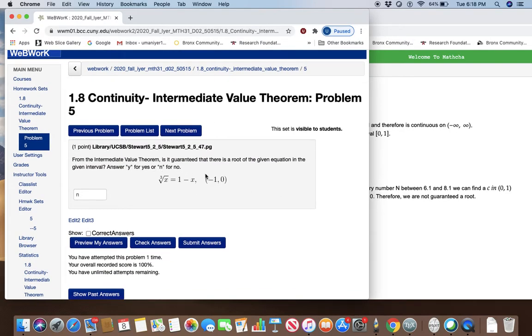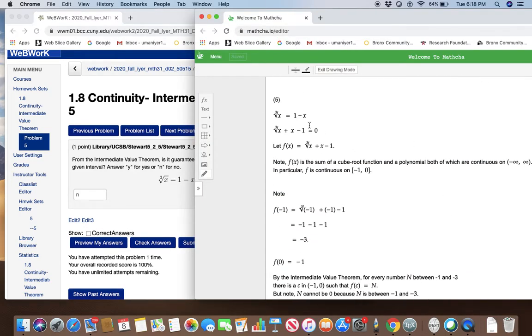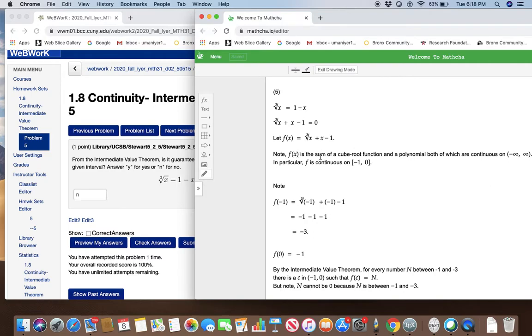From the intermediate value theorem, is it guaranteed that there is a root on this interval of this equation? All right, look at this equation. I'll move everything to one side. So cube root x, moving it here, plus x, moving this there, minus 1 is 0. So the left hand side is now a function f(x).